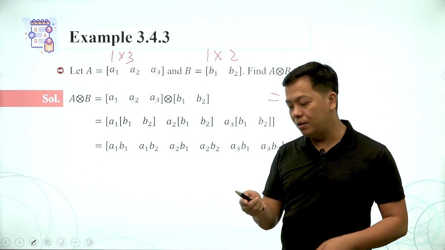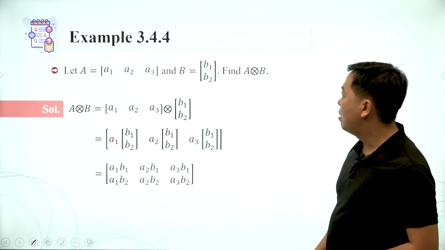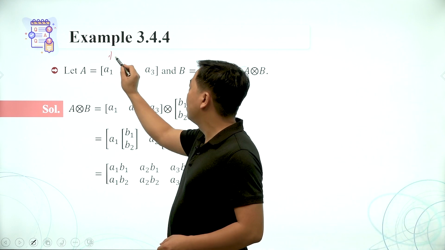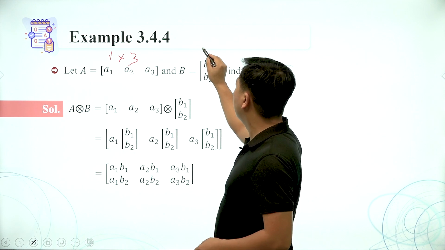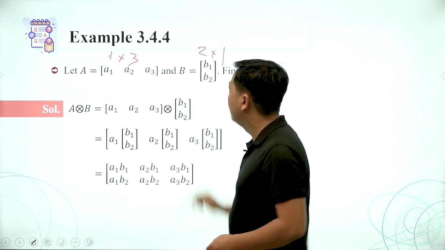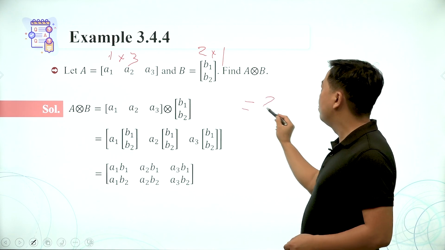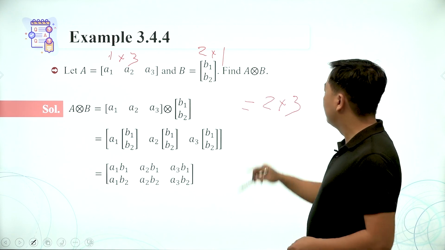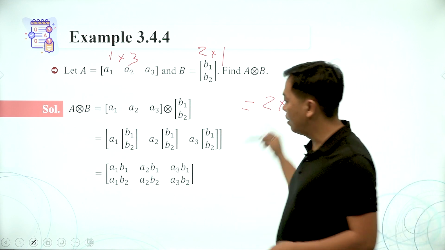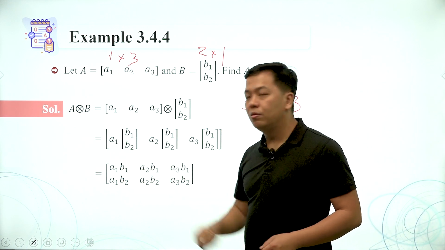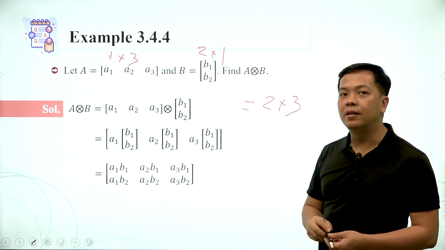That's how to calculate quickly. This next one is similar, with 1 by 3 and 2 by 1, so the final result has 2 rows and 3 columns. That's easy.